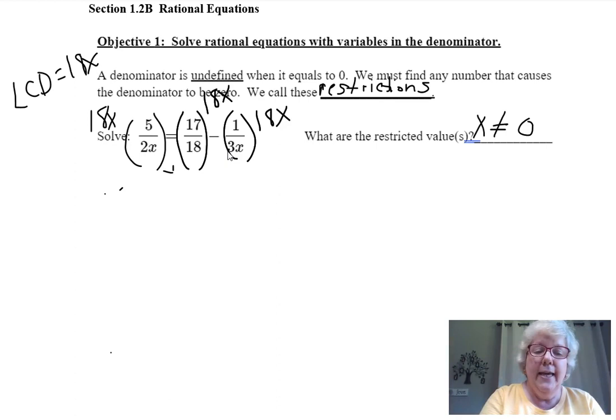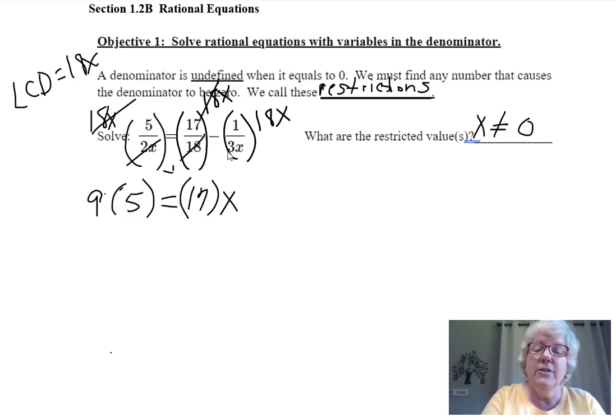I'm going to use that common denominator to cancel out. So 18x divided by 2x leaves 9. That is left there along with the 5 from the top, the numerator. Bring down the equals. In the second fraction, the 18 cancels out, and that leaves the 17 along with that x. Notice the second x did not cancel here like the first one did.